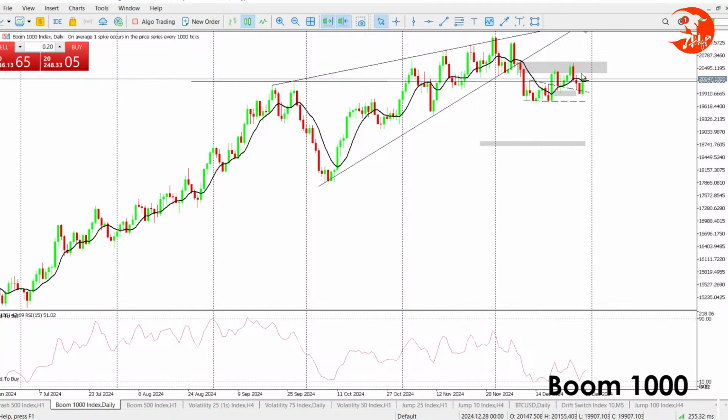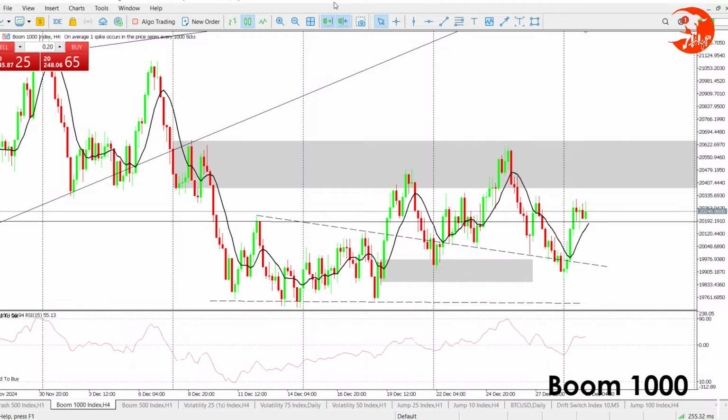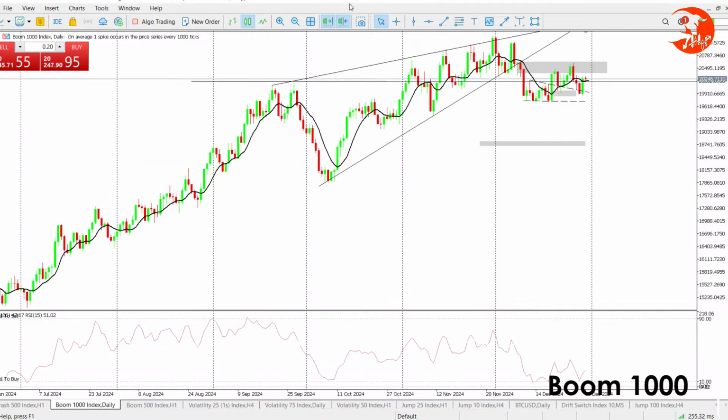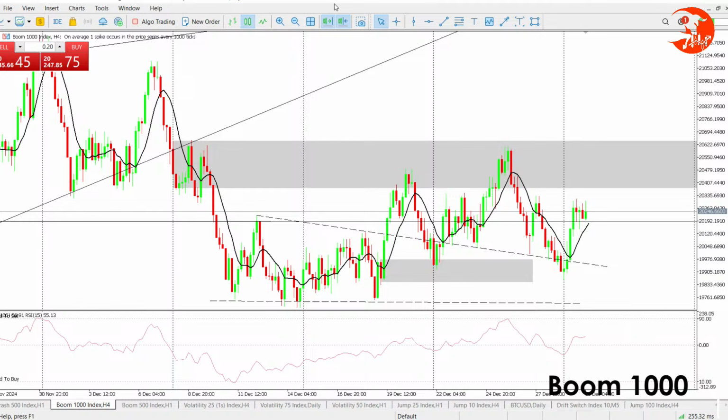Once we understand that, we now come down to break it down. We already had this which was broken out of, and we tested several times. According to day, we are supposed to be buying. That's a confirmation. According to H4, on the other hand, we are clearly seeing that we touched overbought and then started to sell, and we haven't reached oversold again.